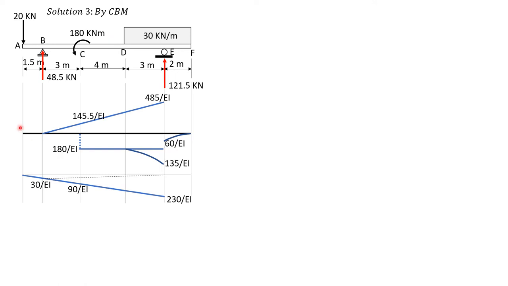So we just modify the supports. So we use the same area moment diagram from area moment theorems. Then this free end becomes fixed. This pin becomes interior hinge. This roller becomes interior hinge, and this free end becomes fixed end. So we put the positive slopes and positive deflection at various points.